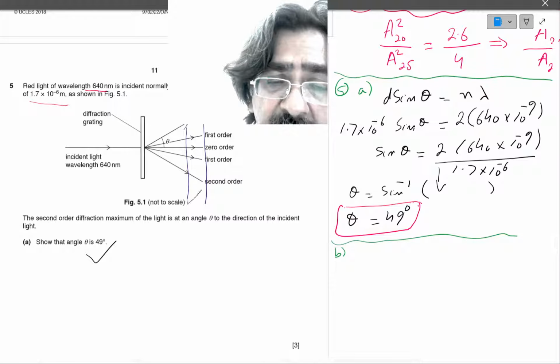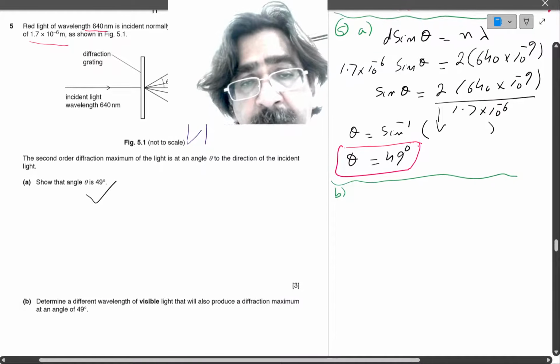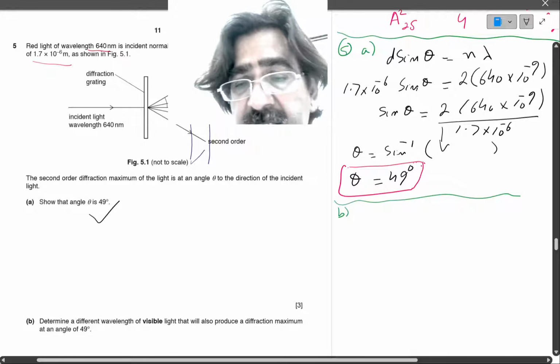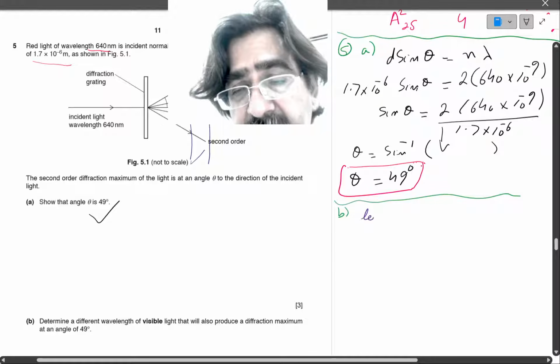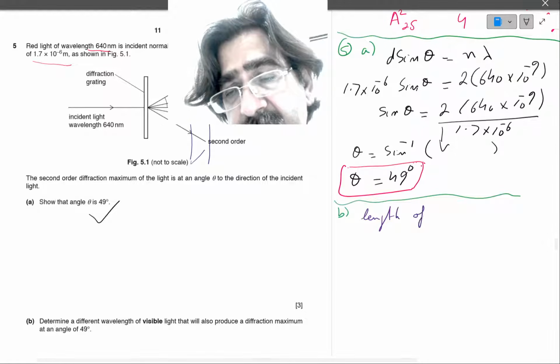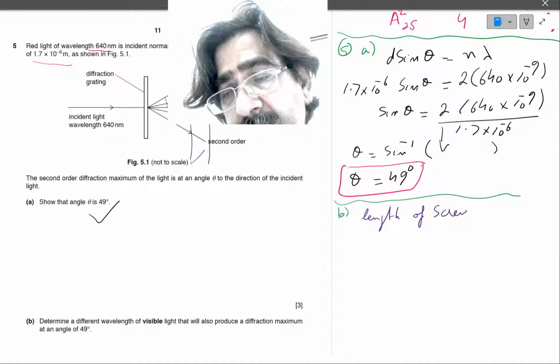The length of the screen, actually, the length of the screen is constant.